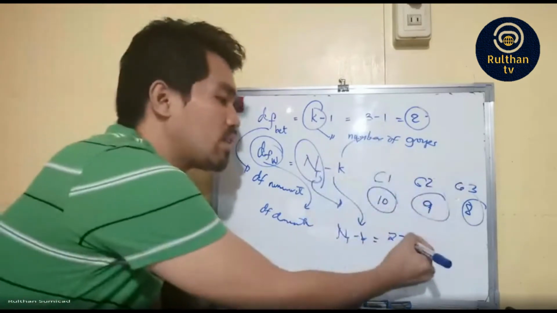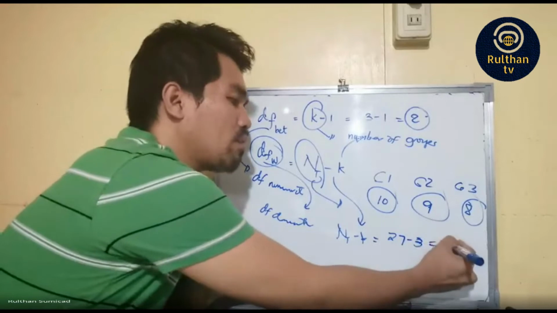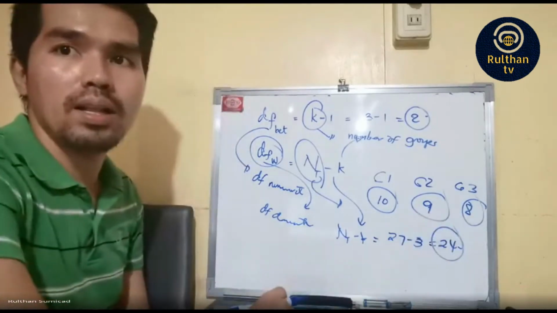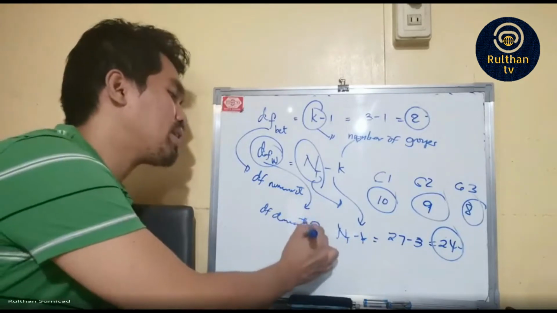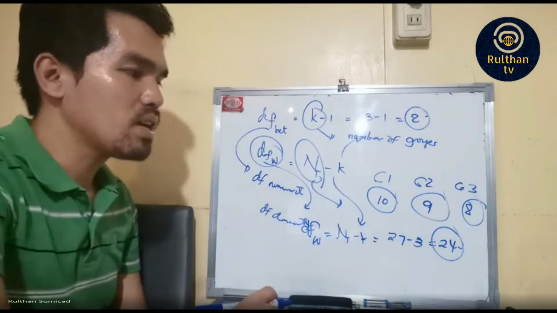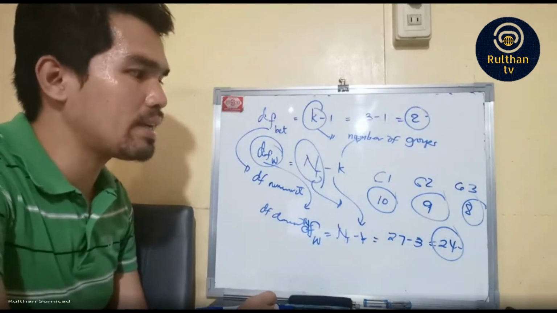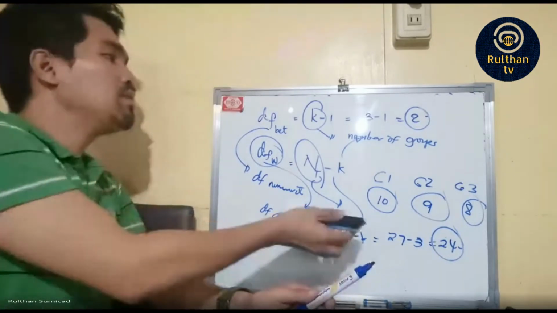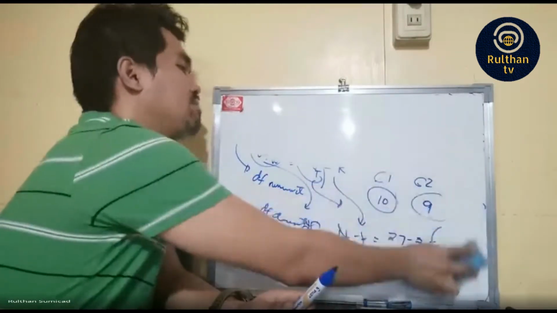There are 3 groups all in all, so minus 3. That gives us 24 as our degree of freedom within. That's how we use the degree of freedom within and the degree of freedom between. We will now apply the degrees of freedom in identifying our critical values.